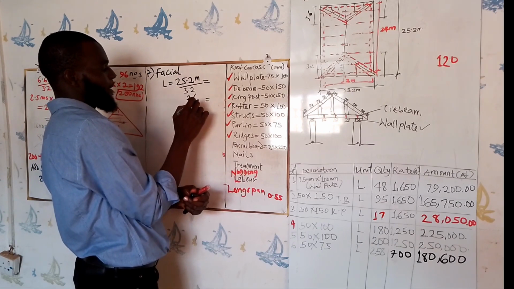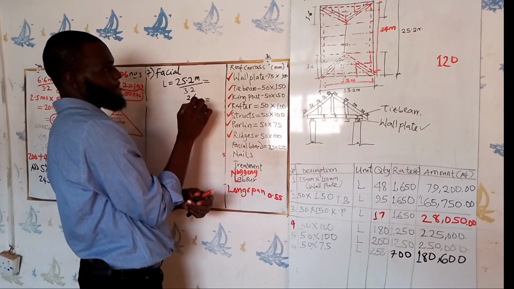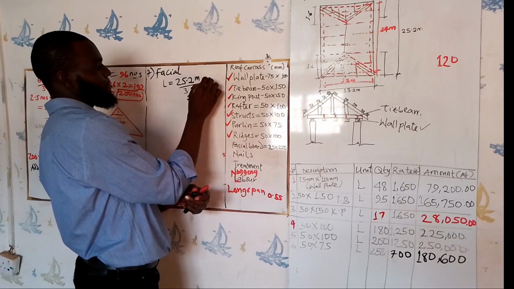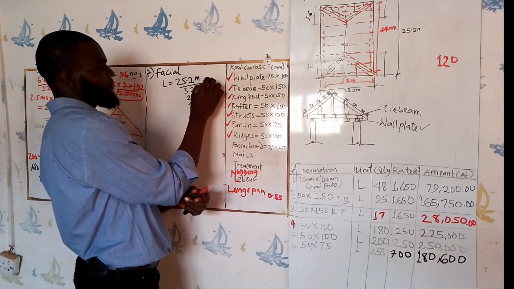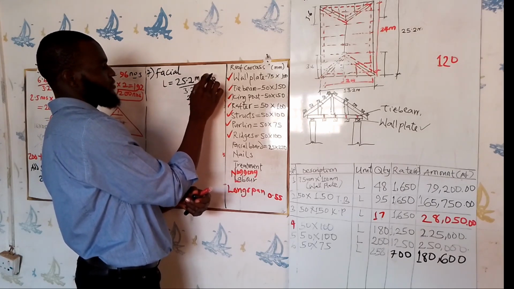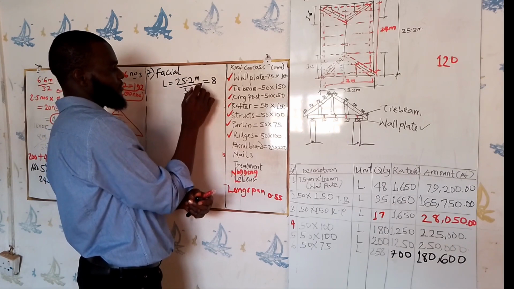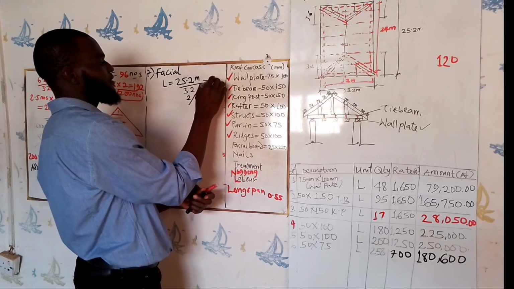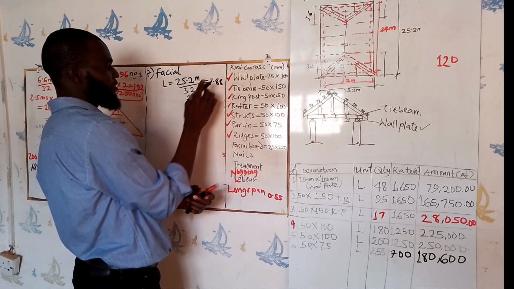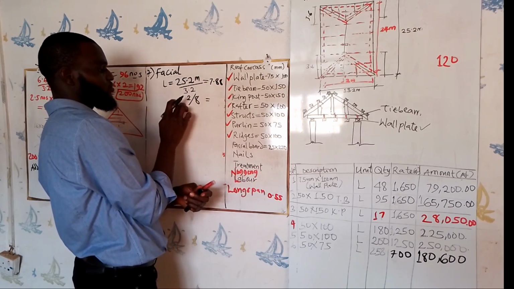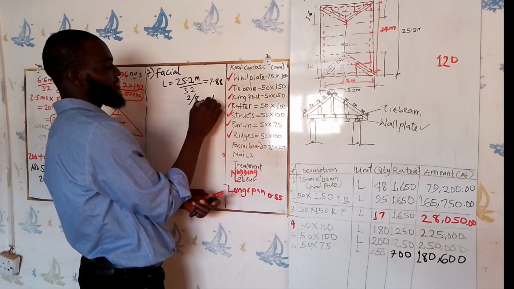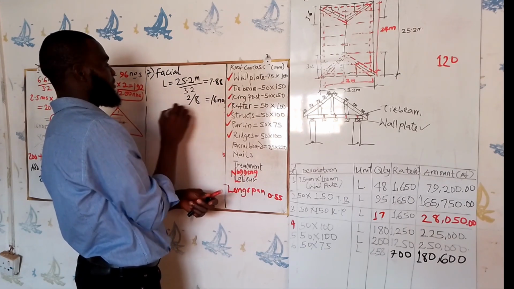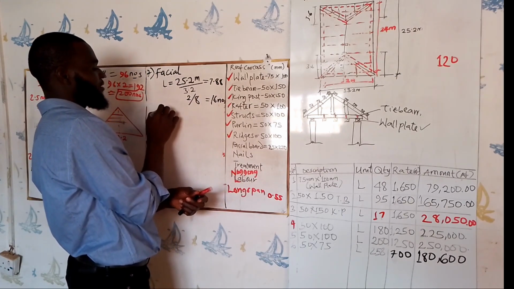Yes, 7.875, as 8 boards. We need 2 times 2 for the other side. That's 16 numbers.